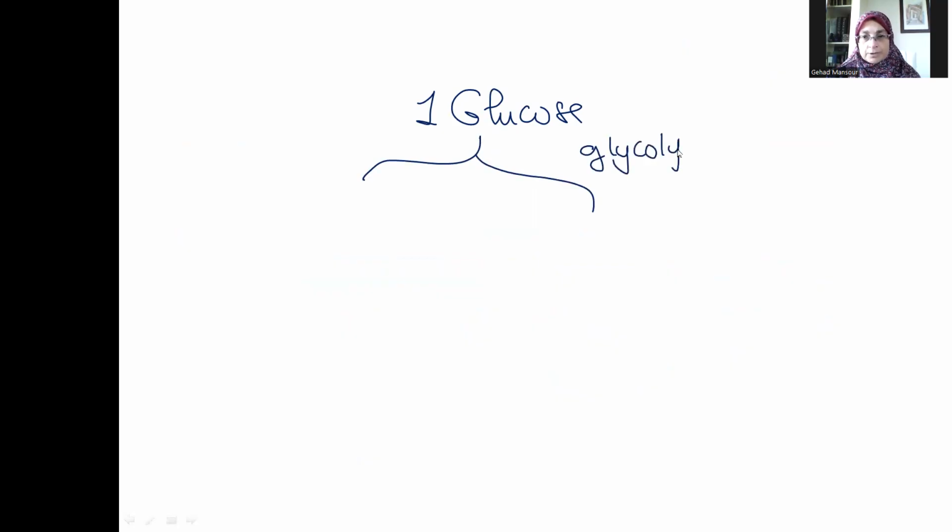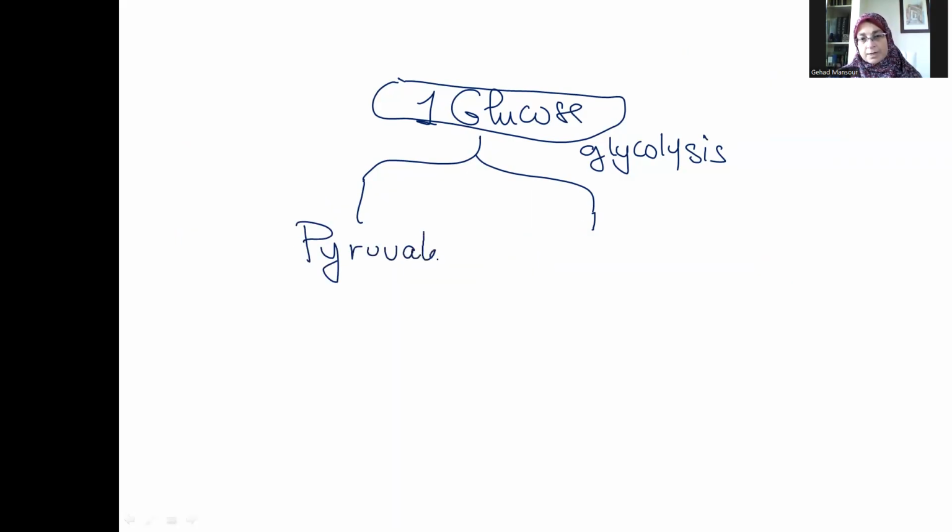So here in glycolysis, we have one glucose molecule, and that glucose molecule will be broken down via glycolysis that occurs in the cytosol. It will be broken down into two molecules of pyruvic acid. So you will have pyruvate here and pyruvate there. Actually, they are in the same place, but I mean that they are two pyruvic acid molecules.